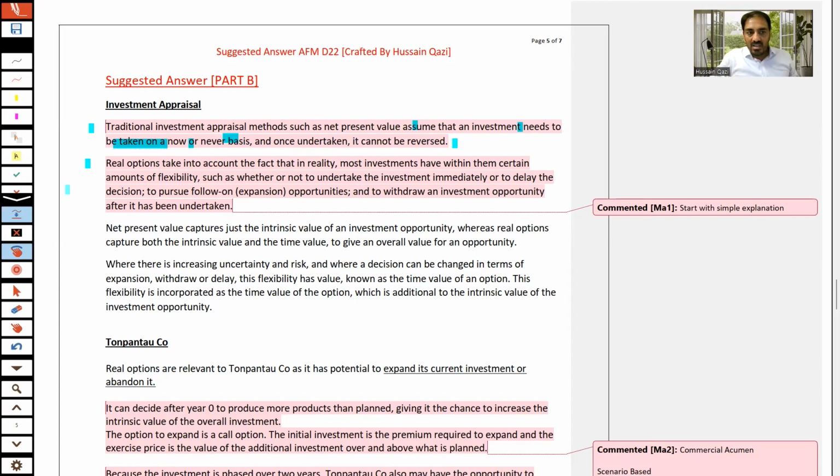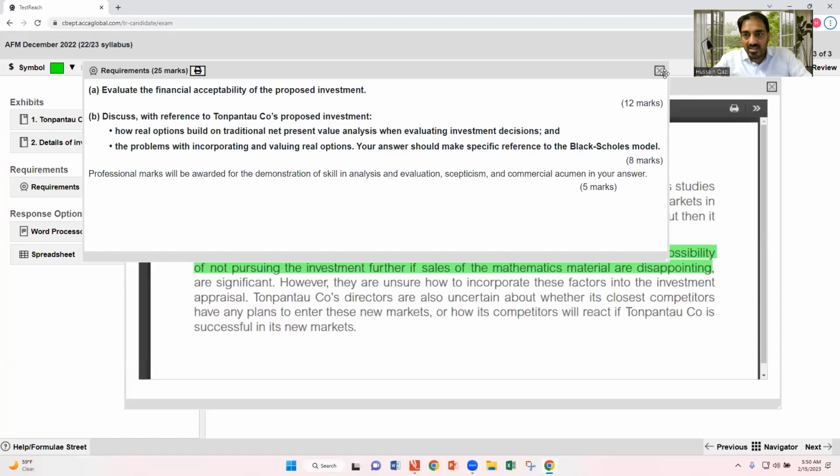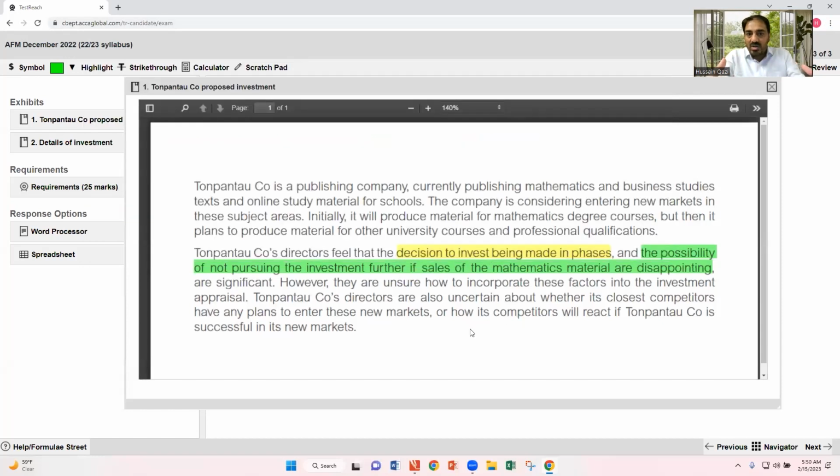No flexibility. But with real options, we actually incorporate practical flexibility, if there is flexibility in the business, like this case. In this case, the Tonpantau company has a plan to enter the investment, number one, by phase. Number two, if it's not up to the mark, they will withdraw.